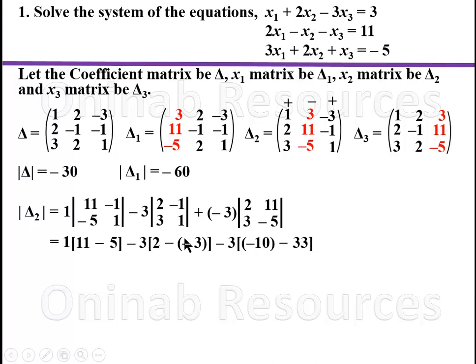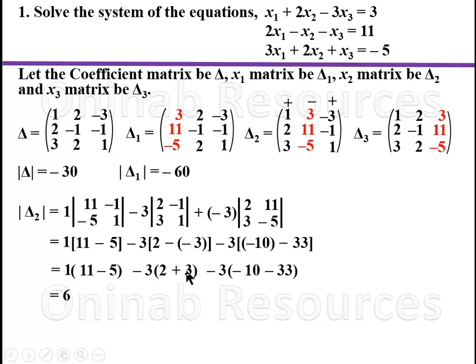We remove the inner brackets here and there. So we have 1, 11 minus 5. This is negative 3, 2 plus 3. That's negative, negative gives positive. So 2 plus 3 is negative 3, negative 10 minus 33. So we evaluate. 11 minus 5 gives 6 times 1 gives 6.